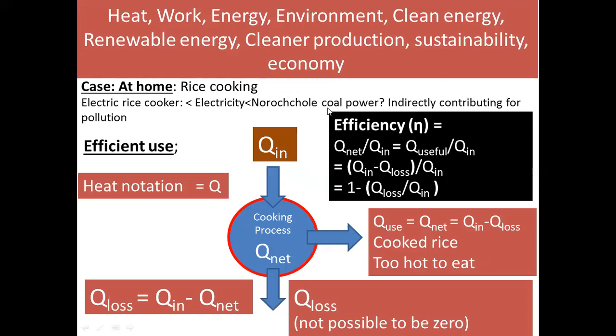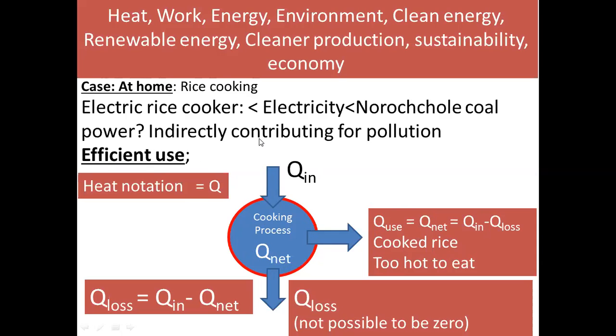So we apply heat, but not all the heat becomes useful for the cooked rice, cooking process, cooking rice. So there is a loss, and there was a useful heat. So always there is a loss. That's why we have an efficiency.